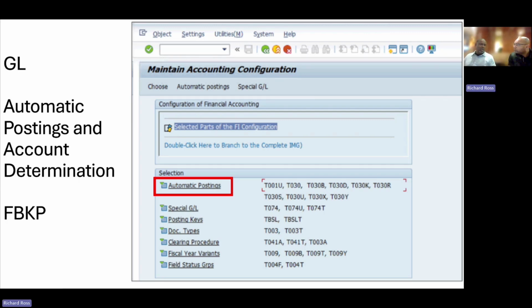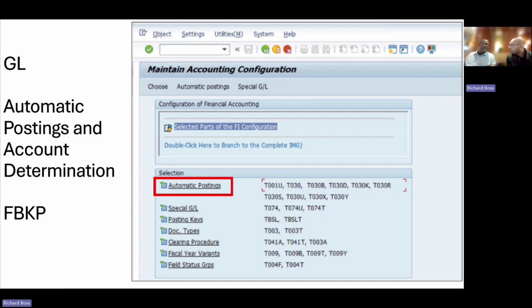That's one way. OKB9. But this is telling you all of the places where you automate. These are the tables where the automatic postings are for the different places that it's coming from. You know what I mean? So this is where the real meat is.